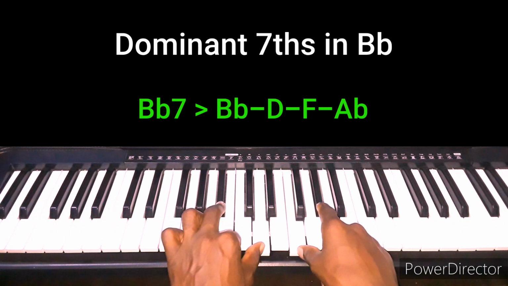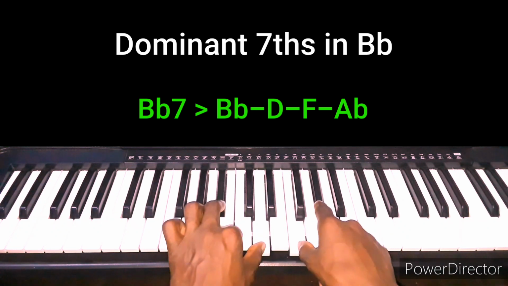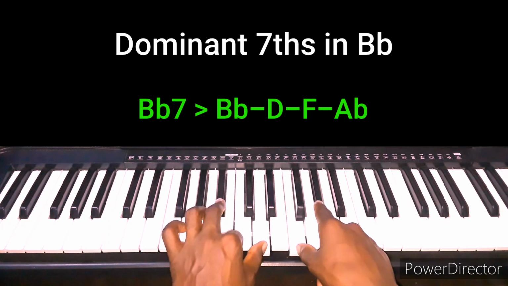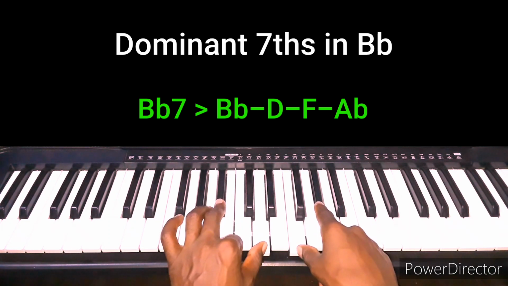Since a dominant 7th resolves so nicely to a chord formed on the 4th above it, it will form a very good passing chord into the 4 from the 1. So you will hear it move so nicely into the E flat major.